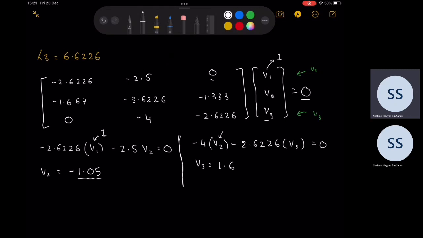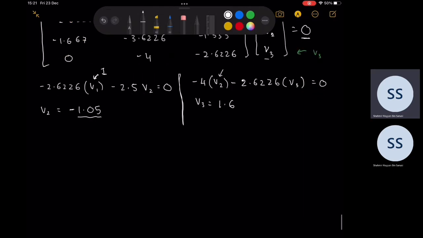So now we have obtained V1, V2, V3. So the third eigenvector is 1, which is V1, V2 is negative 1.05, and V3 is 1.6.